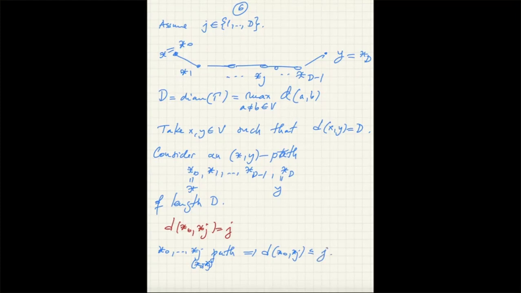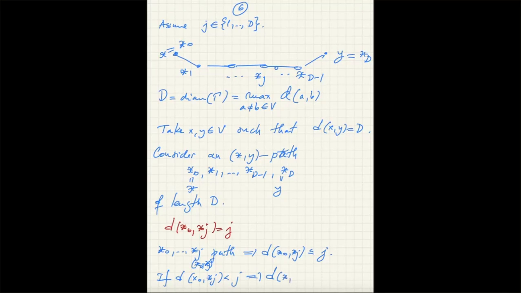And if we had a shorter path, if the distance between X0 and Xj were less than j, then what would that mean? That would mean that I could get from X0 to Xj in fewer than j steps, and combining that with the path from Xj to Xd that has length d minus j, I could get a path of length strictly less than d from X to Y, which is a contradiction.